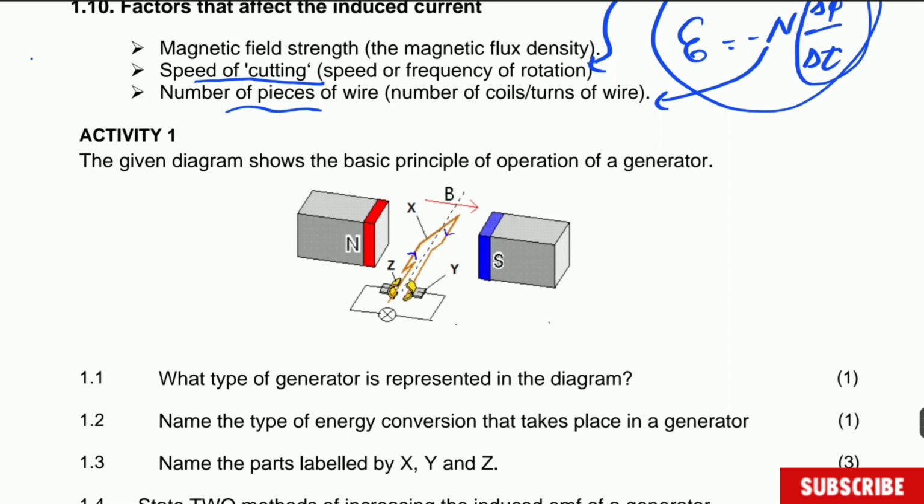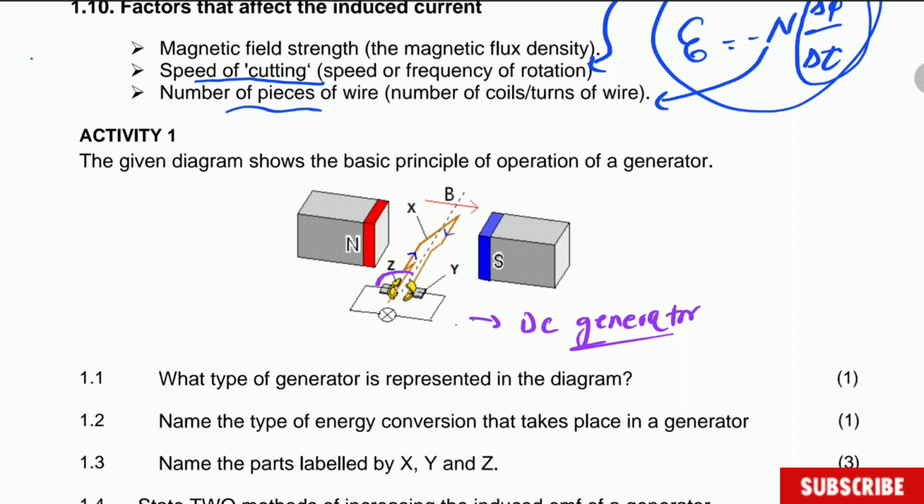Now, activity 1, let's go quickly. The given diagram shows the basic principle of operation of a generator. As you can see here, if you look carefully, this one is a DC generator. How do I know that?